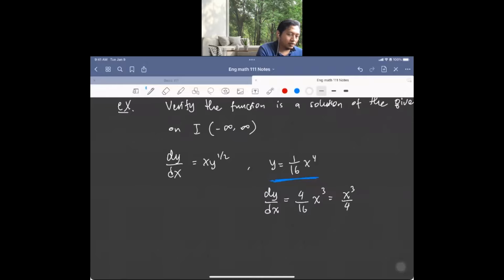And then we could also check from the left side, and then we substitute, and this will be x squared over 4. So this is x cubed over 4. So yeah, we can try different ways if we want.